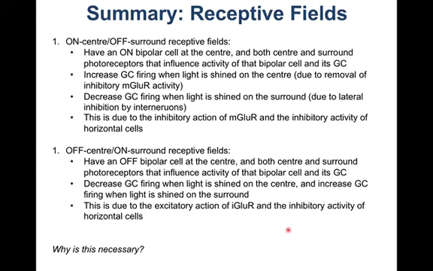Okay, so summary, I won't read through these bullet points for you. I hope I've repeated them or paraphrased them multiple times, so I'll let you read through them and make sure you're clear on each, and if not, go back and look at the on-center, off-surround and off-center, on-surround circuitry as much as you need to, so that you're clear on these key summary takeaway points.